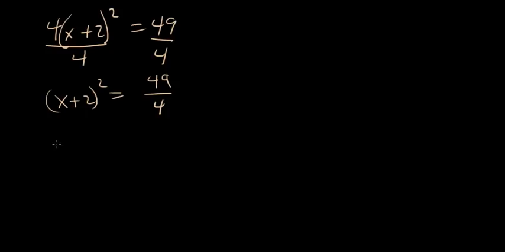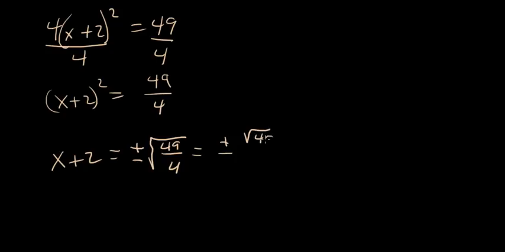Okay, so now I'm going to find the square root of both sides. So I have x plus 2, because the square root of x plus 2 quantity squared is x plus 2. And I have to go to the plus or minus root here. And 49 over 4. Now, some of you are probably figuring out that this is actually plus or minus square root of 49 over square root of 4.